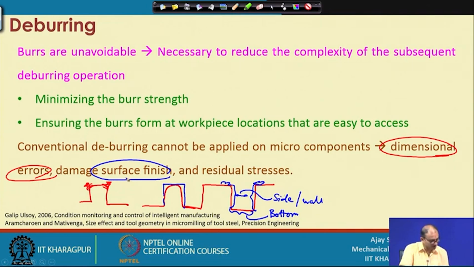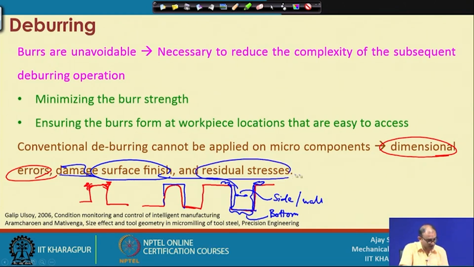When you are removing these burrs, sometimes your surface finish is also degraded, because ultimately you are using some type of physical process which will come into contact in terms of abrasive particles, or brushes, or different types of small balls. Those particular things will interact with the finished component, the finished location also, and because of that it will damage the surface finish, and at the end it will generate residual stresses also.